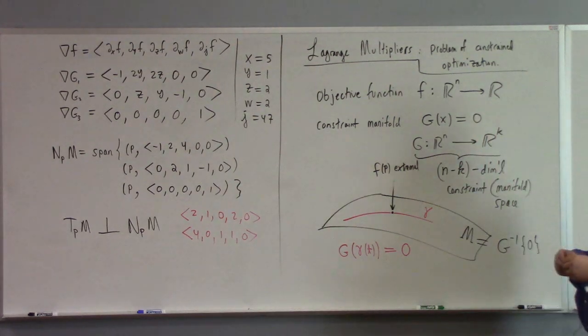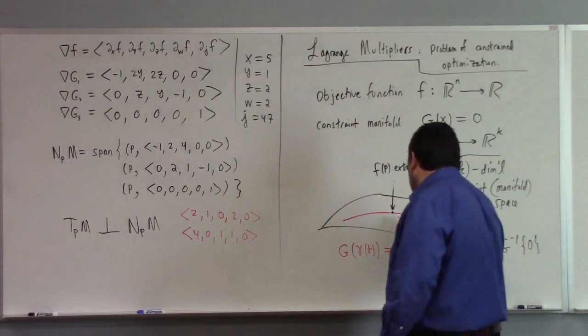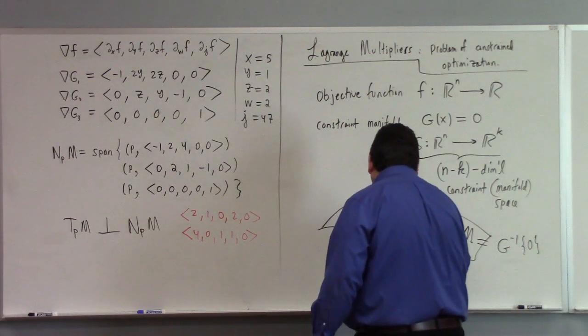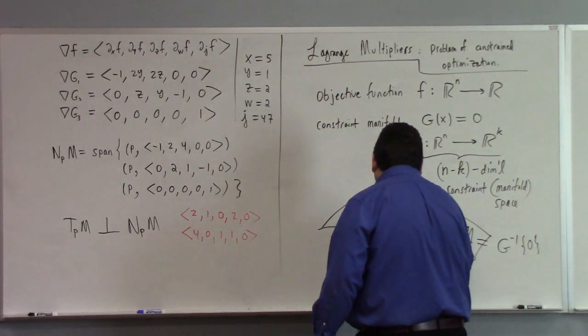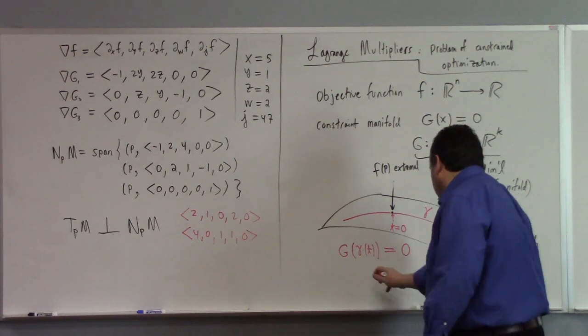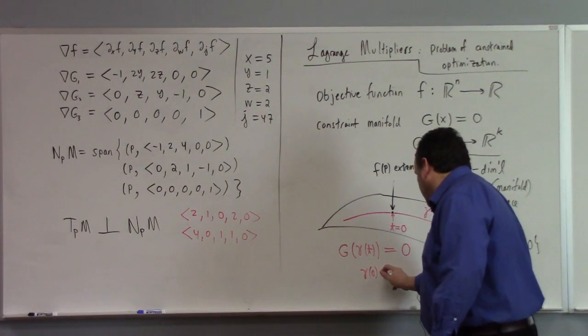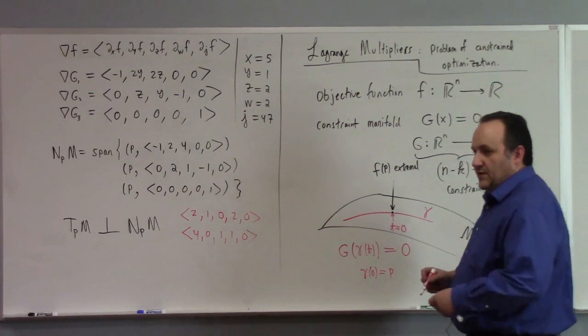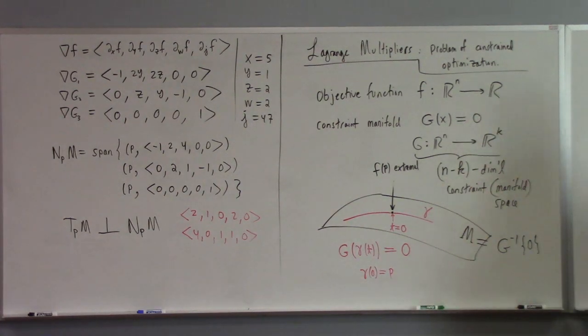Great, but that has to also be true. And without loss of generality, we'll assume that this is where t is equal to 0, okay? We can always reparameterize the path such that t equal to 0 matches up with p. We're going to suppose that gamma of 0 is equal to the point p that we're interested in, okay? For the sake of specificity.